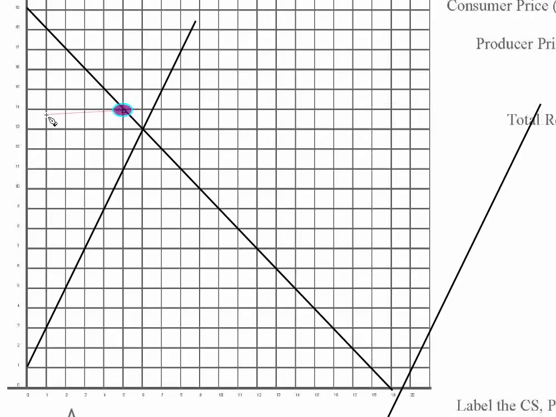So let's draw a line over there to $14. The new equilibrium quantity is 5 units. Let's draw a line straight down to 5 units. And let me color those red so that we can see them a little more clearly.